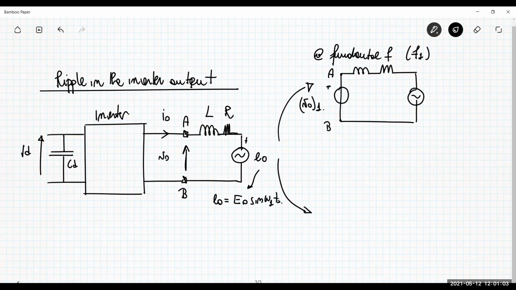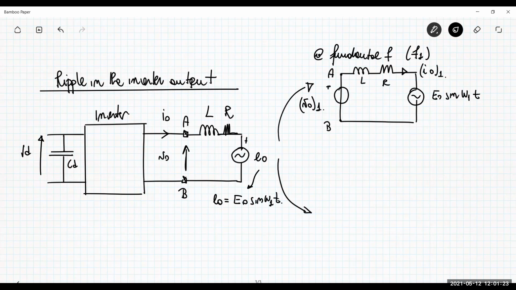Okay, this is the back EMF, so this is E0 sine omega 1 t. In this circuit, what flows is the fundamental frequency component of the current.